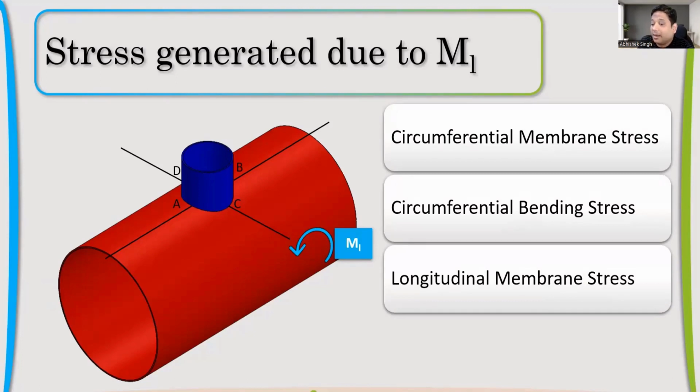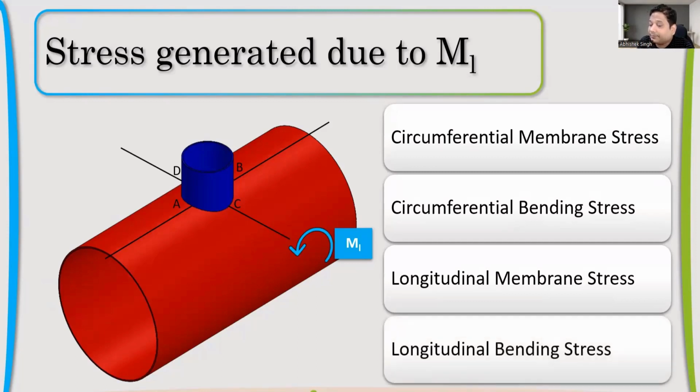Why are we finding in circumferential and longitudinal both? Anybody can reply? Because of ML, we are finding stresses in 2 extreme points, one in longitudinal and one in circumferential. Why not only one?